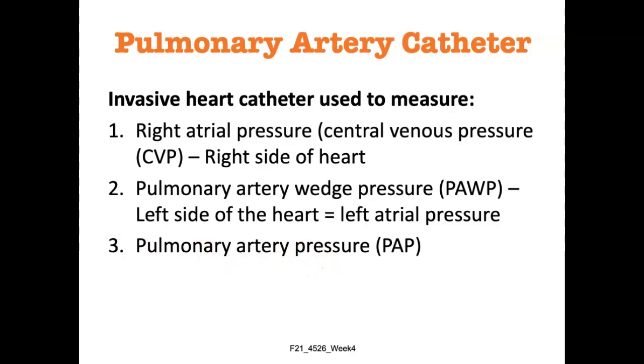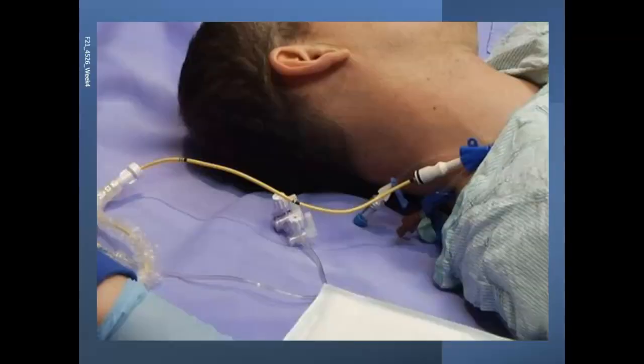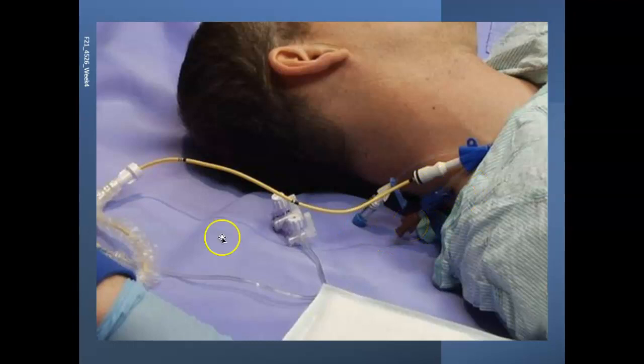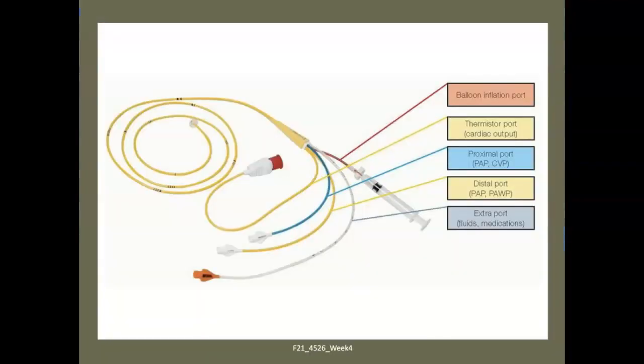3 different areas. Typically, it's in the neck, and it's a similar setup to your arterial line, just a little bit longer of a line and some different ports here that you can actually infuse medications through. It's kind of a busy looking system, but it actually makes sense.